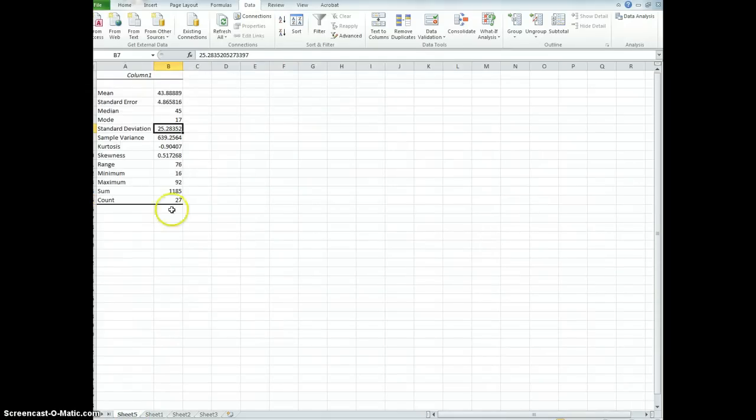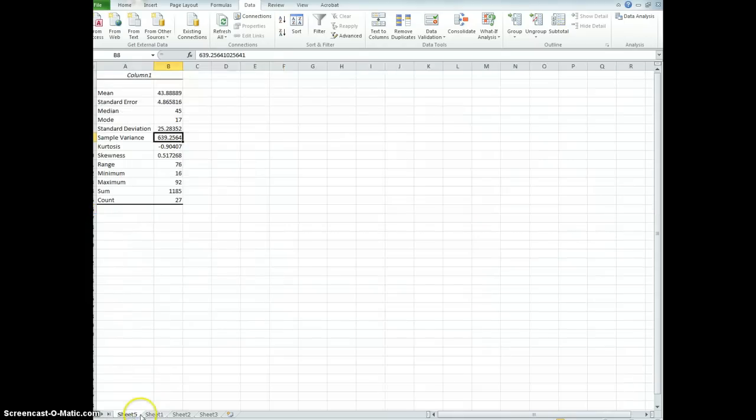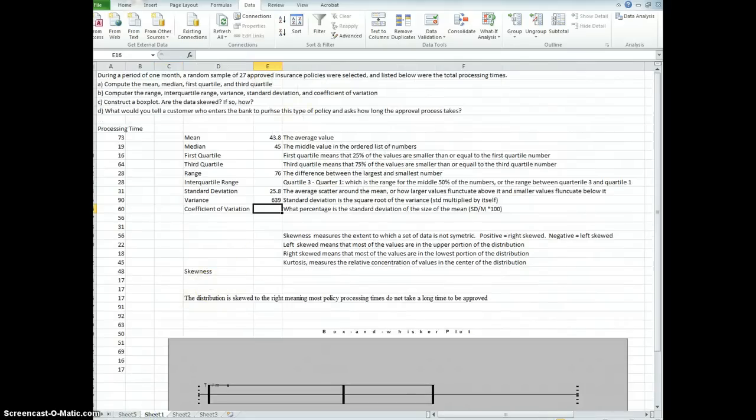We're able to get our variance, which is 639, which is simply the standard deviation squared. So take 25.28 times 25.28 and we get our variance. Now that's what we're able to get without doing any calculations ourselves, and that's from Excel's great descriptive statistics function. Now we're going to want to calculate what the first quartile is.